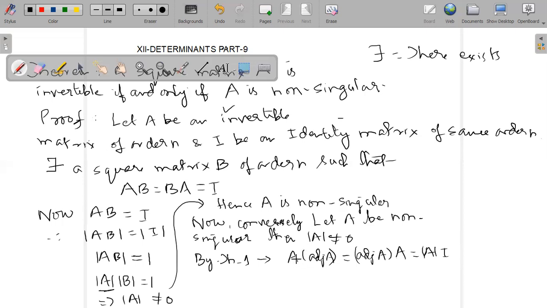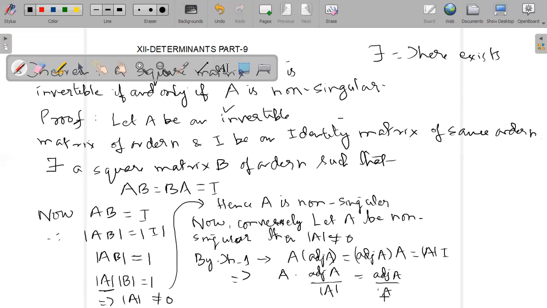And A into adjoint A can be written as, this determinant we can take to the left side, so it will become determinant A into A into adjoint A upon determinant A. And this also adjoint A, both sides we are taking together.